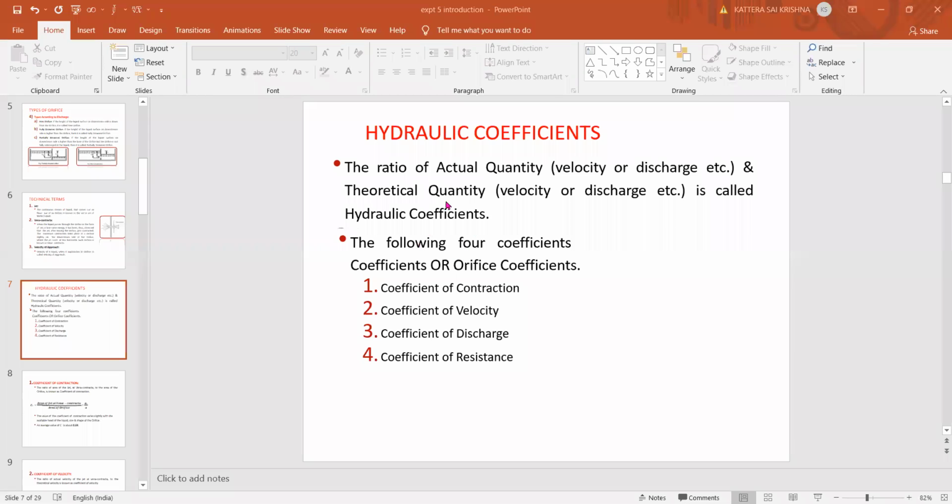So in hydraulic coefficients we have 4 types: coefficient of contraction, coefficient of velocity, coefficient of discharge, and coefficient of resistance.